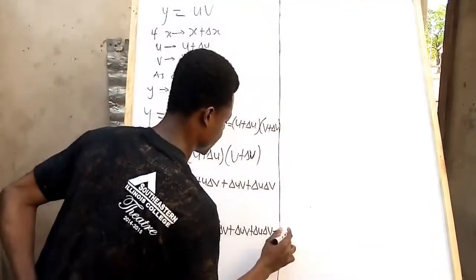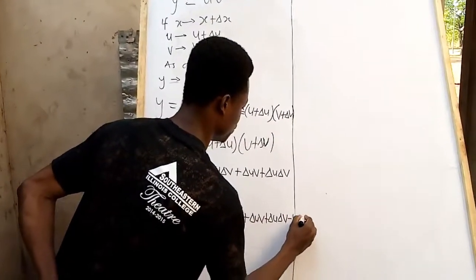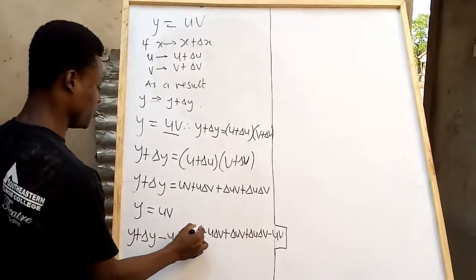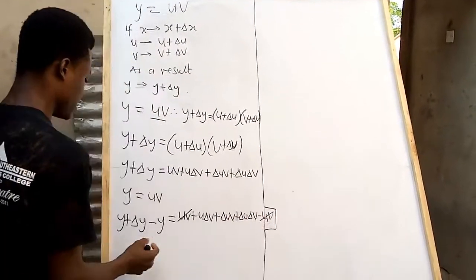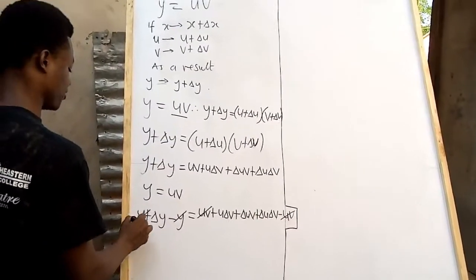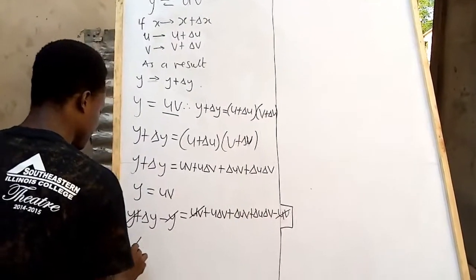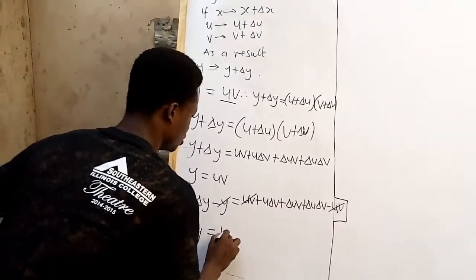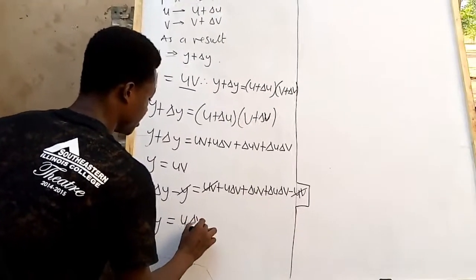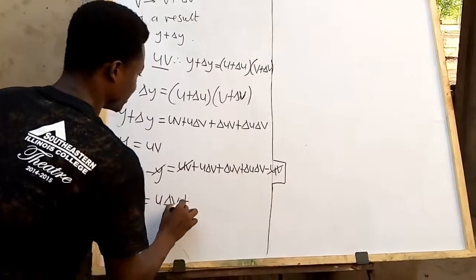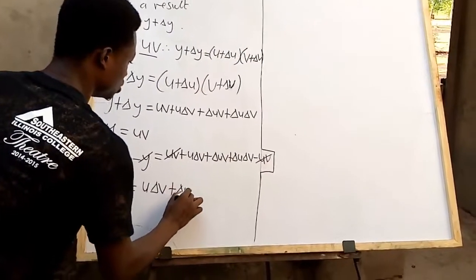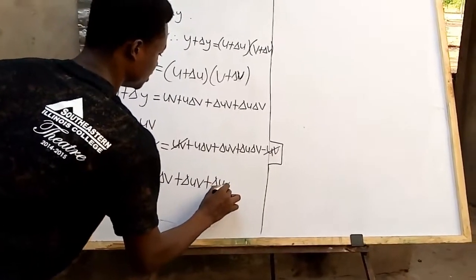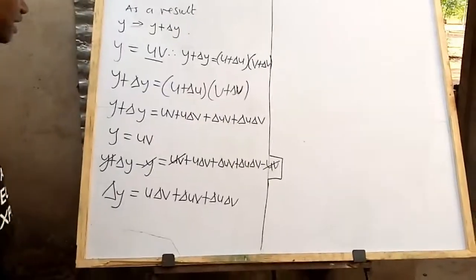So the uv will cancel the uv here, and then negative y will cancel positive y here. Now what is left is change in y is equal to u change in v plus change in u v plus change in u change in v, like this.